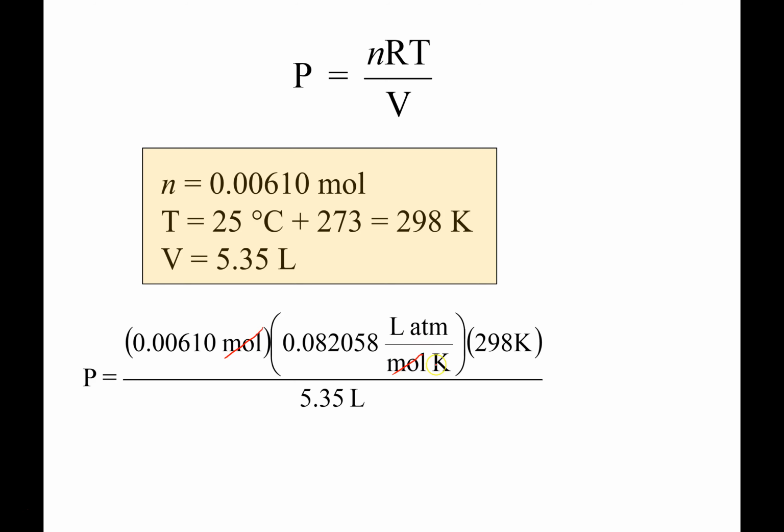So our moles cancel, our Kelvins cancel, units of liters in the numerator cancel with the liters in the denominator, and we have atmospheres. You'll probably tell me 3 sig figs. So the partial pressure of H2O, with a little subscript H2O here, is 0.0279 atmospheres.